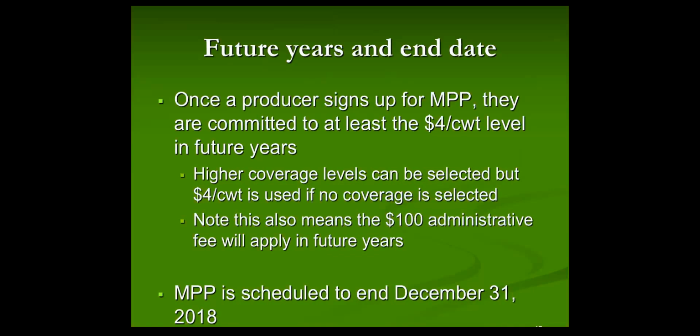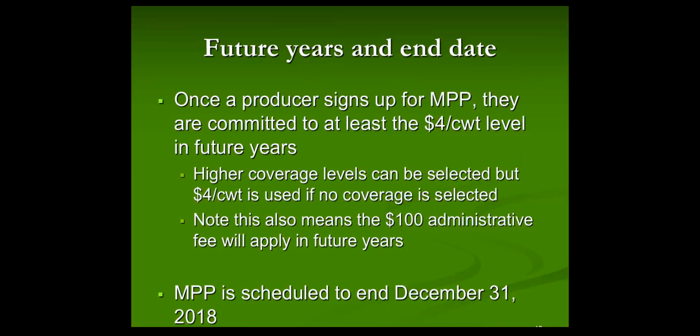If it looks like price is going to be lousy, in terms of the margin, the relationship of the milk price and the feed price and so forth, and you're worried about that, you can buy a little higher coverage if you like. On the other hand, going into the 15 year back in 14, milk prices looked pretty good, and so a majority of folks bought just the $4 level, and even that, the chances of that hit were pretty low, but they did buy the extra 0.87% increase that they got because they did sign up.